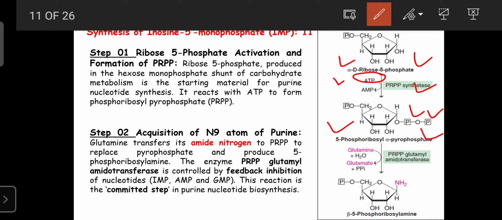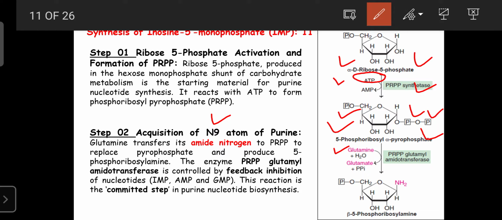The second step is the acquisition of the nitrogen atom in position 9 of the purine ring. Here the glutamine transfers the amide nitrogen to the PRPP, the phosphoribosyl pyrophosphate.